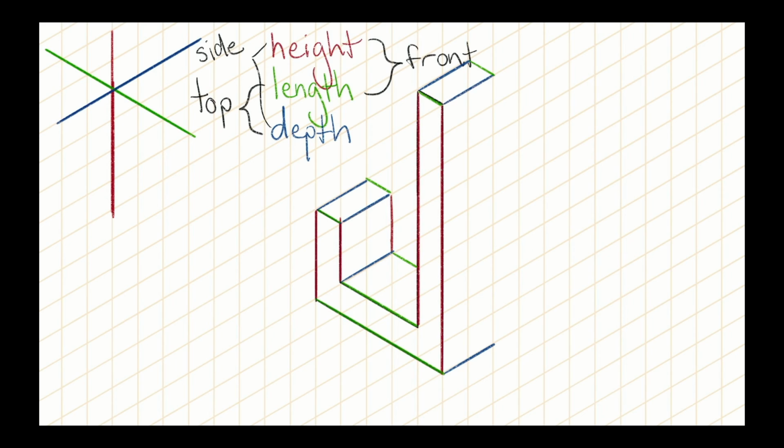So I'm going to draw the height in red. I don't need to actually do anything for the depth because I already drew that in with my top view. So once I do that, now I have all of my lines drawn. And so by looking at two sets of lines at a time, I can draw each face.